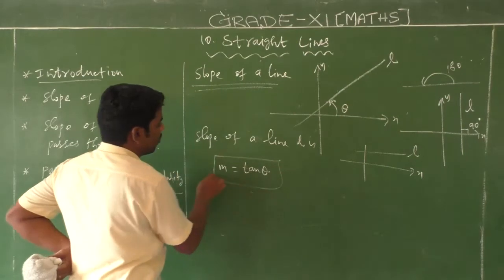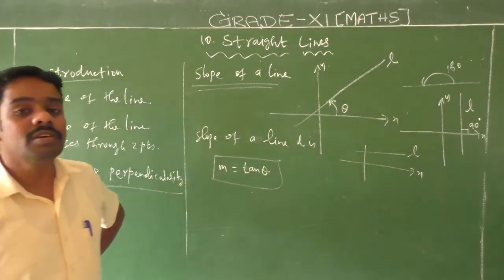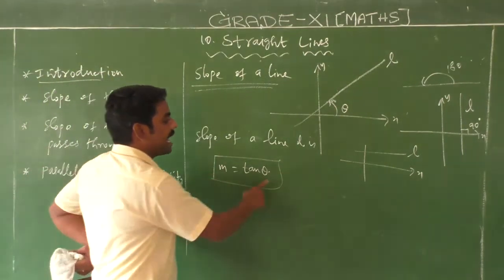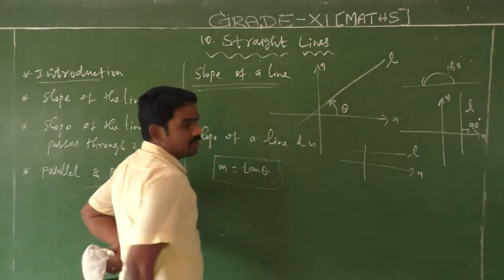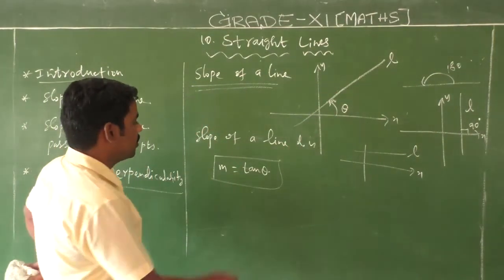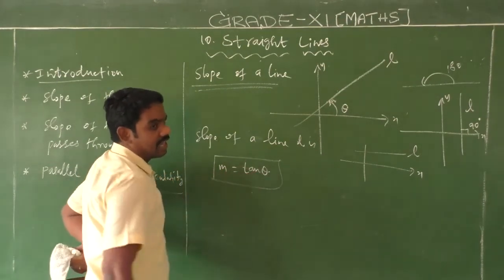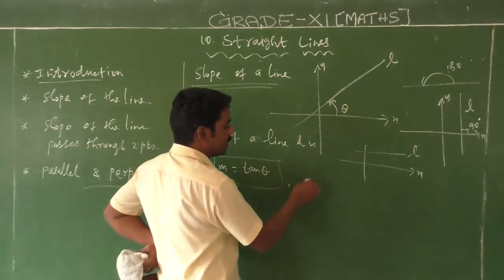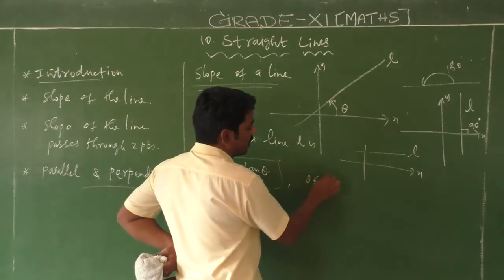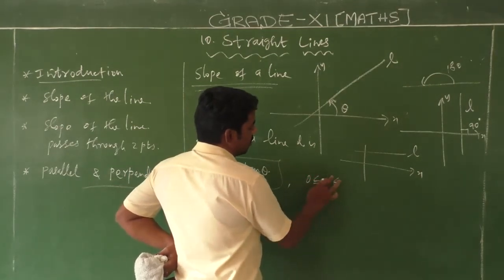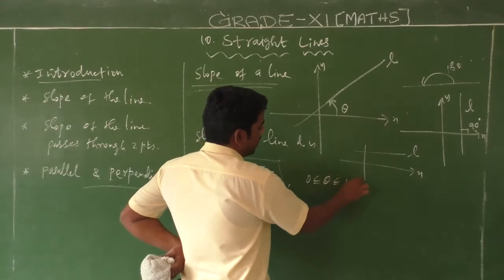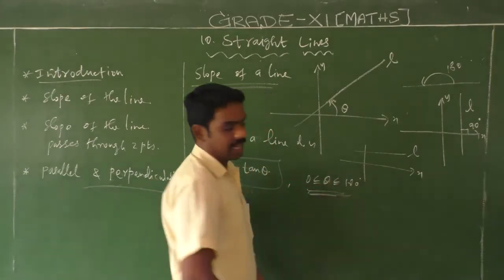This is the slope of line formula. Here theta is the angle of inclination of this line with the x-axis, and m is the slope of the line. So m is equal to tan theta, and theta is 0 less than or equal to theta less than or equal to 180 degrees.